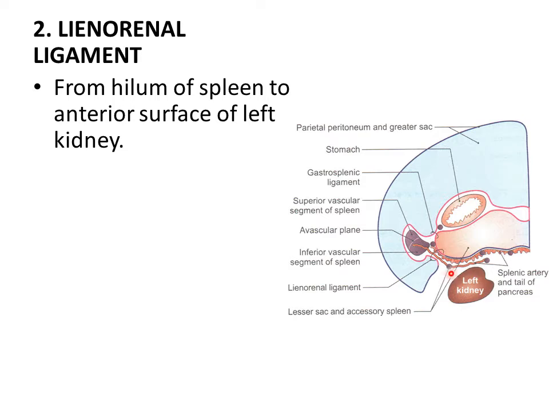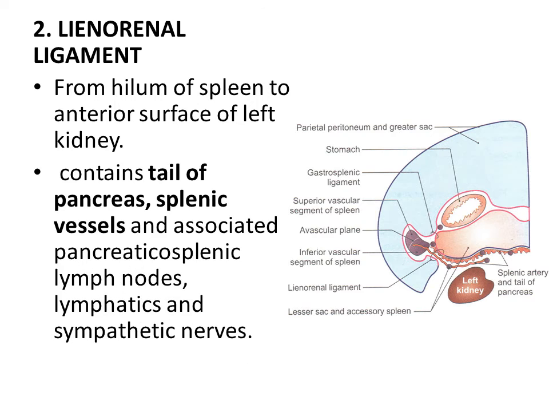Now over here is the left kidney and this fold of peritoneum is the lienorenal ligament, right? This is lienorenal ligament from hilum of spleen to the anterior surface of left kidney. Now again its content, it contains the most important tail of pancreas, splenic vessels and associated pancreatico-splenic lymph nodes, lymphatics and sympathetic nerves, right?